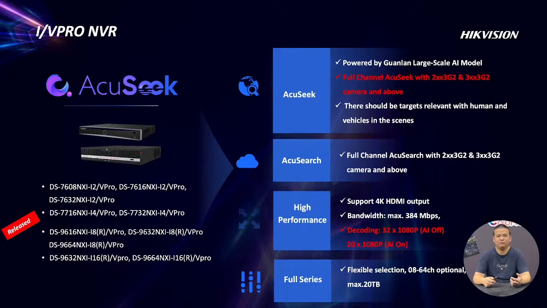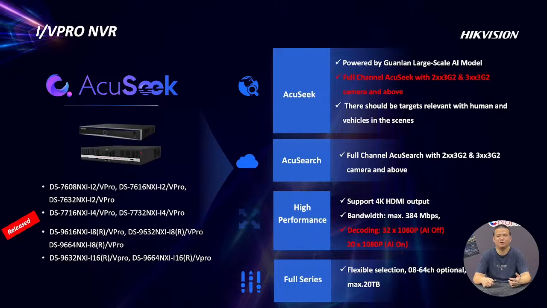And the new IV Pro Series NVR, as we can see here, features up to a total of 64 channels capability of Acuseek searching along with AcuSearch functions, 4K HDMI output, and up to 32 channels of 2 megapixel decoding capability when the AI function is off.